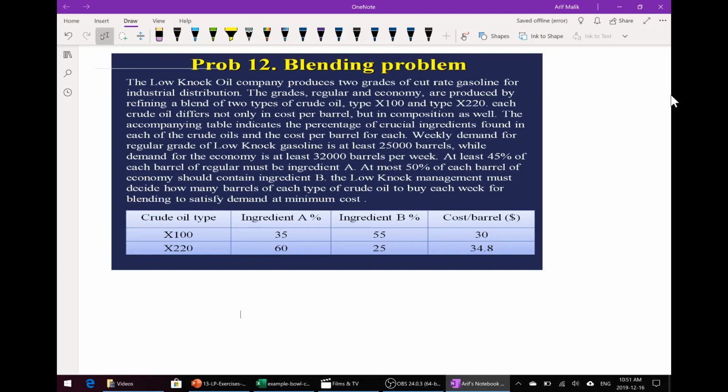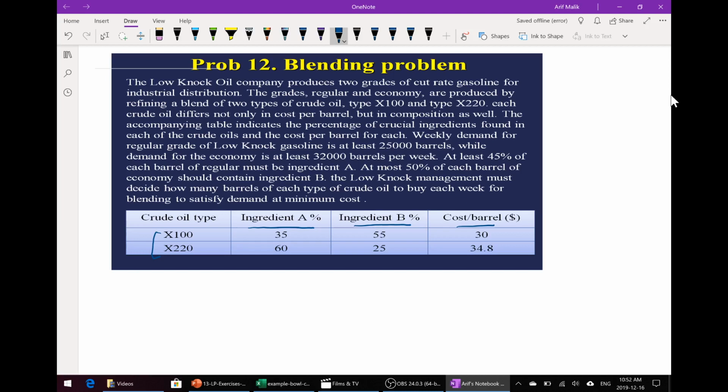So we have these crude oil types, X100 and X220, and two ingredients in percentages, and the cost per barrel is also given to us.